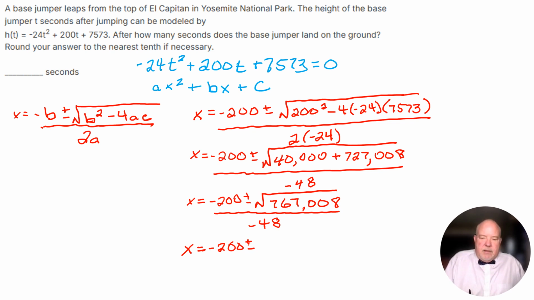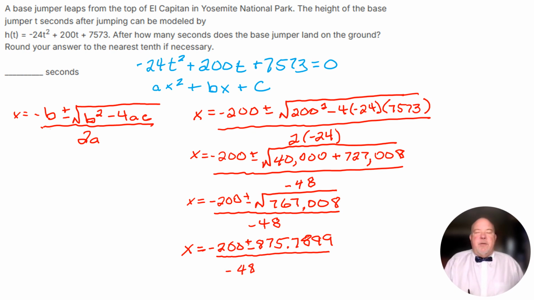So it's a long decimal, and it is 875.7899. It keeps going on. I'm just going to write 4 places here. Our answer is going to be rounded to the nearest tenth, but I would wait until the end to round that. And then we're going to divide that by negative 48.